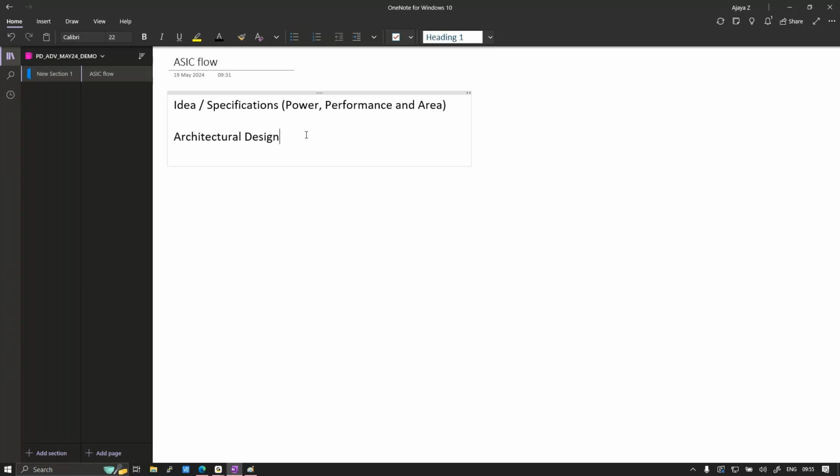The complete architecture of my SOC, or let's say my IC, the complete design will be designed by this architectural design. The power requirement, the timing requirement, the area requirement of each and every block which we have discussed. For your battery, for your camera, how much area it should have, we will have it over here. Okay, architectural design. So this will be done by a highly experienced person. Okay, so next.